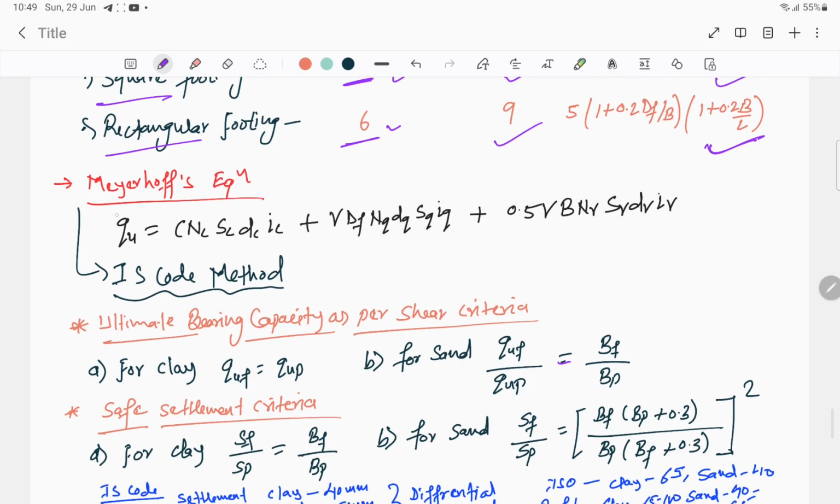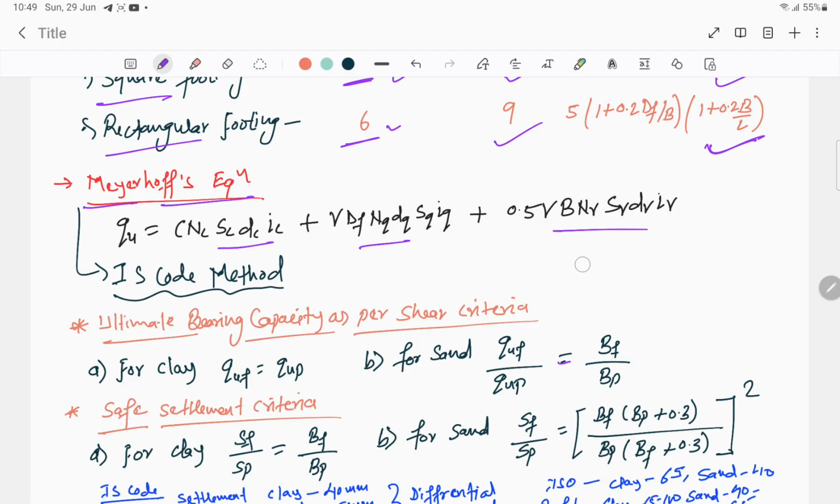Another is Meyerhof equation. Meyerhof considered different correction factors for each term, that is Nc, Nq and N gamma. For each term there are 3 corrections. One is Sc, shape correction factor, another is Dc, depth correction factor, another is Ic, inclination correction factor.